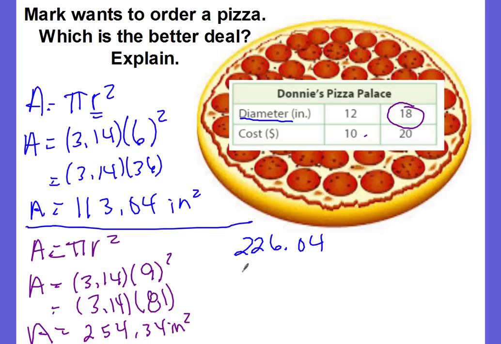My larger pizza has an area of 254.34 inches squared. They would be the same price. Which one gives you more pizza, gives you a larger area? It would be the 18-inch diameter. That one is the better deal.